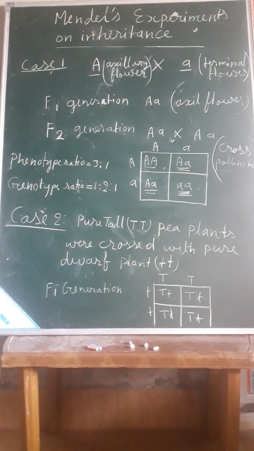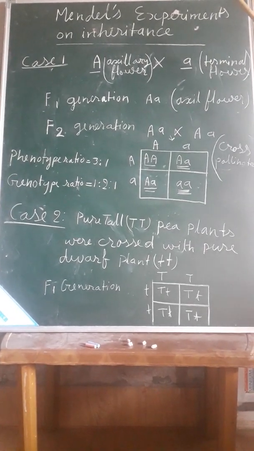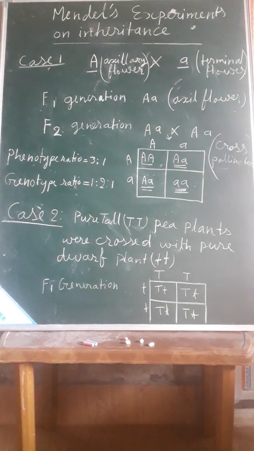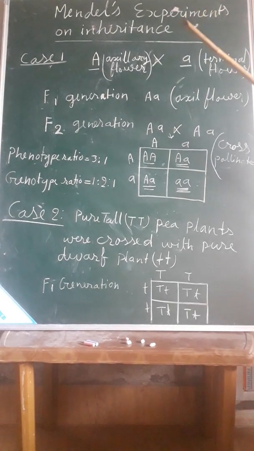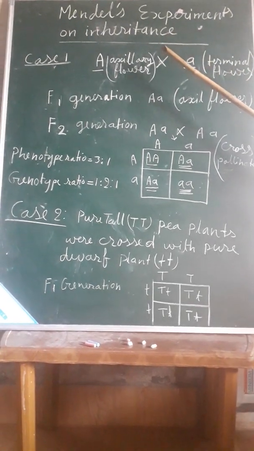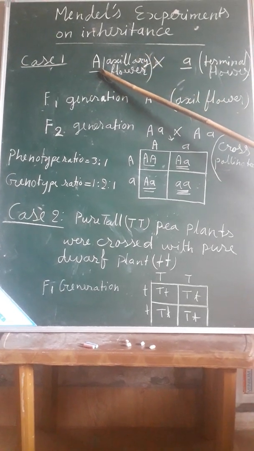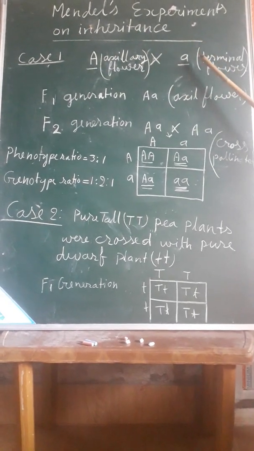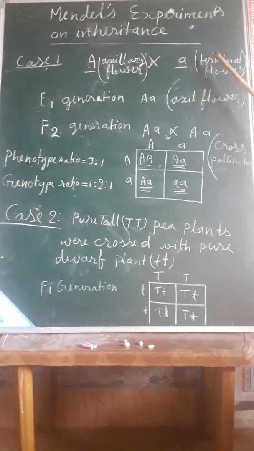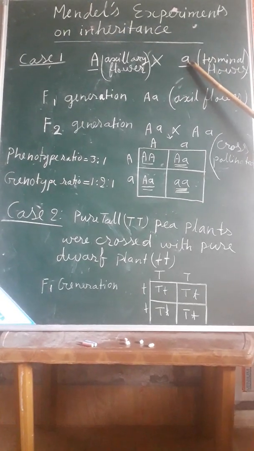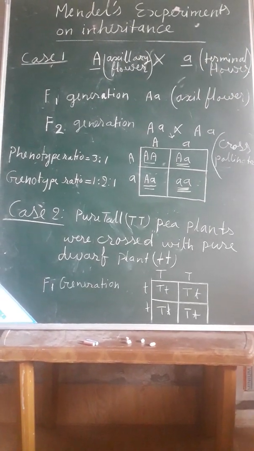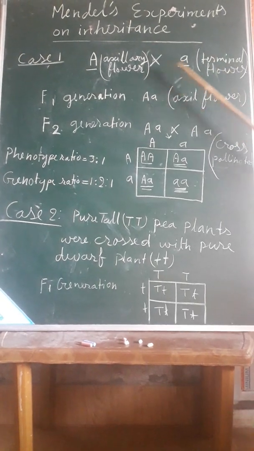So I am giving just one example here. He has taken an axillary flower bearing pea plant, that is represented as A, and a terminal flower bearing plant, that is represented as small a, and he crossed between these two plants.